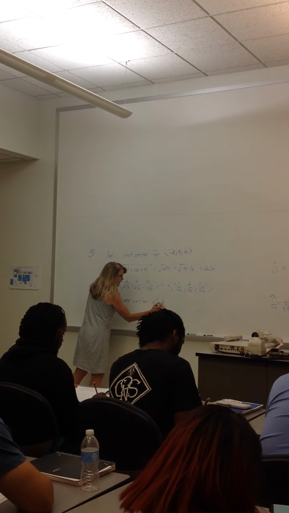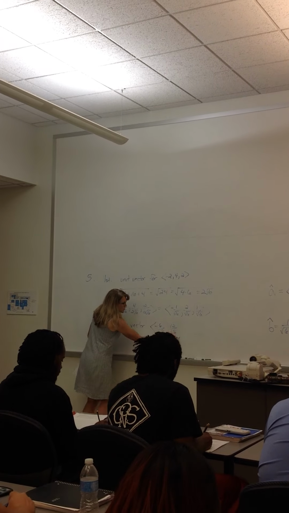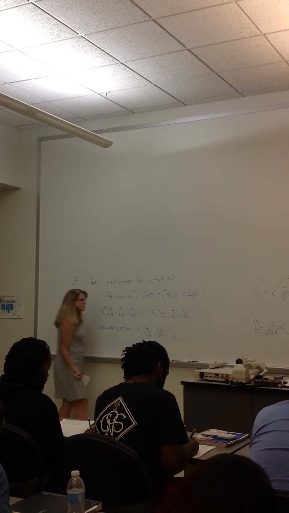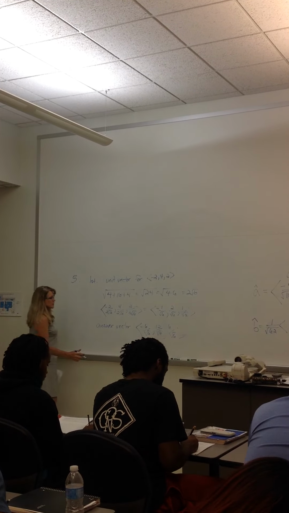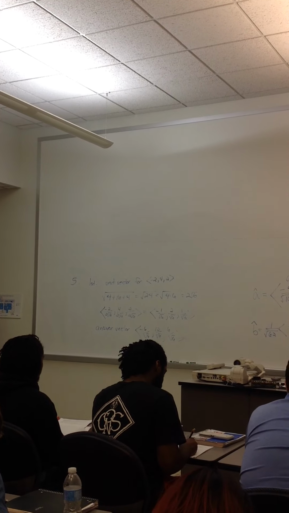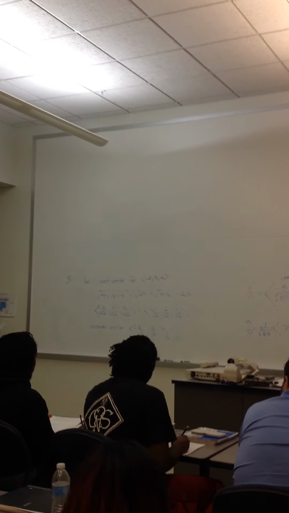So if I multiply those components by 6, I will have a vector that has length 6, but points in the same direction as the original vector and its unit vector.